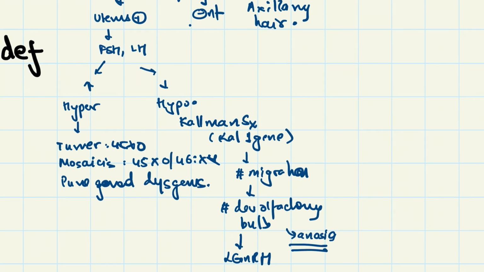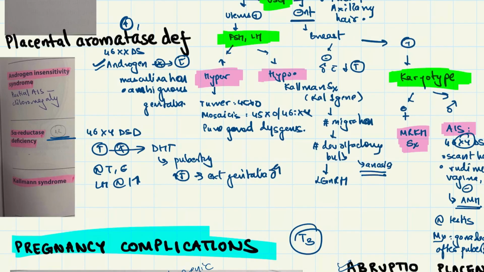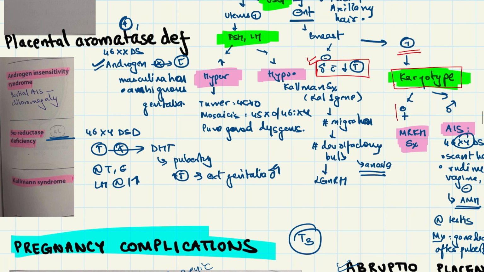Talking about the condition where uterus is not present, then we see whether breasts are present or absent in such individuals. Now, if the breast is absent, then it means that it is a male with decreased secretion of testosterone, while if a breast is present, then the next step will be to perform the karyotype.